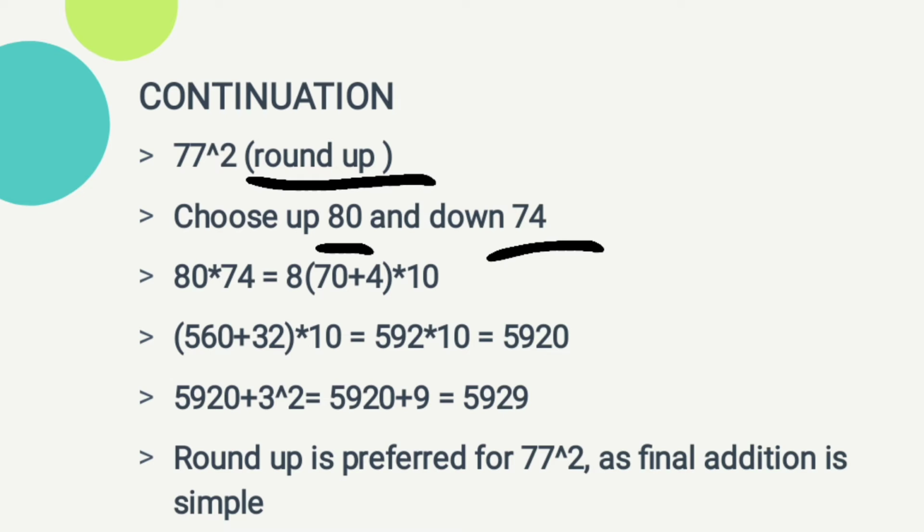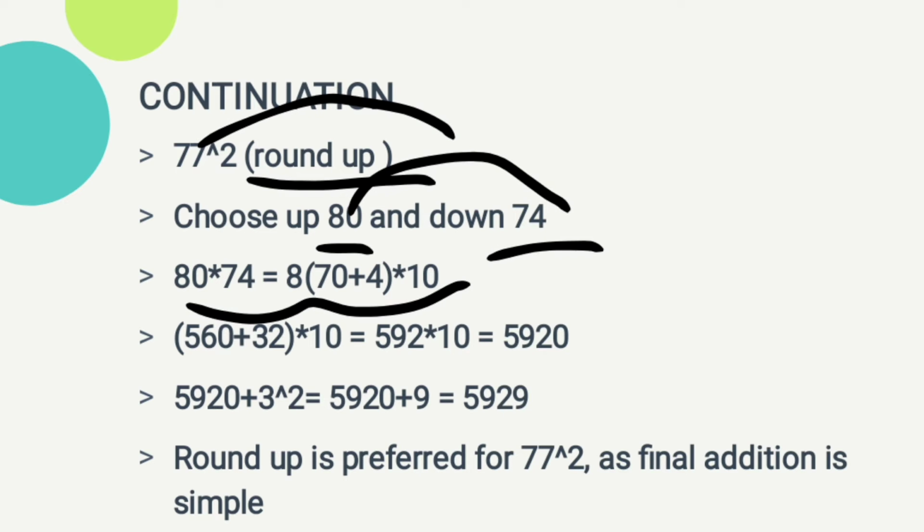The trick is both the up and down numbers must be equally away from 77. 80 can be written as 8 into 10 and 74 can be written as 70 plus 4.